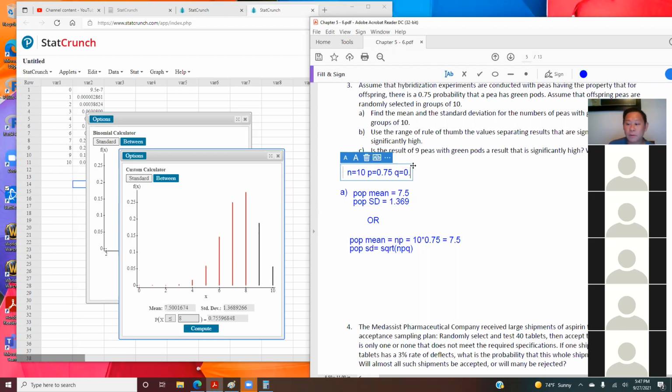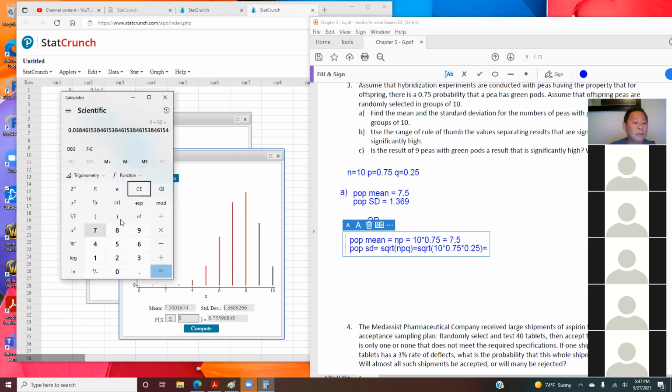Anyone? 25. 0.25 because it's 1 minus it, right? So 1 minus 0.75, you get 0.25. So in order to find this standard deviation, you have to take out your calculator and type in the square root of n, which is 10, times 0.75 times 0.25.